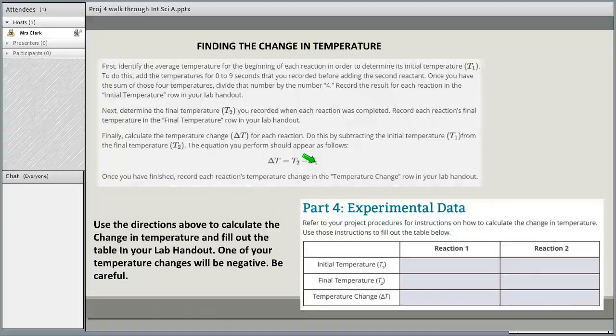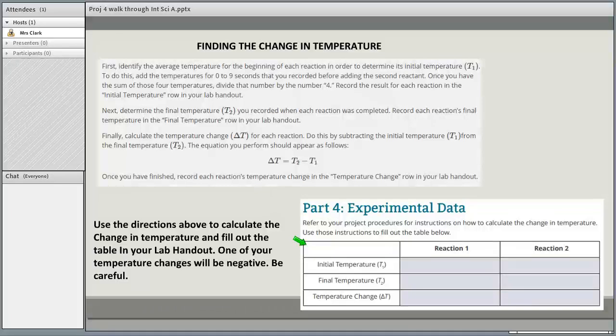Now, in one of these reactions, your answer is going to be positive. Your final temperature is going to be higher than your initial. But in one of these reactions, it's going to be the opposite, and you're going to end up with a negative number. So be sure you use your temperatures correctly.